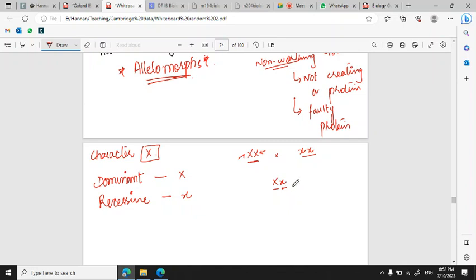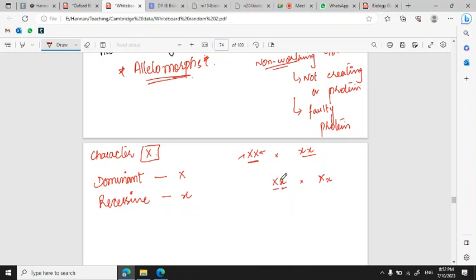Okay, we can clear this concept of genotypes and phenotypes, no problem. Suppose that this is a person and this person marries a girl who is also heterozygous, meaning possessing one dominant allele and one recessive allele.